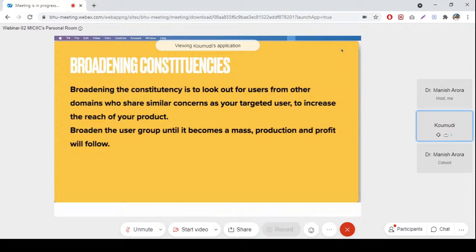Don't give up on a user segment only because it is small. Marginalizing users is not a design solution. Including others into the marginalized segment and converting the marginalized segment into a mass is the design solution.